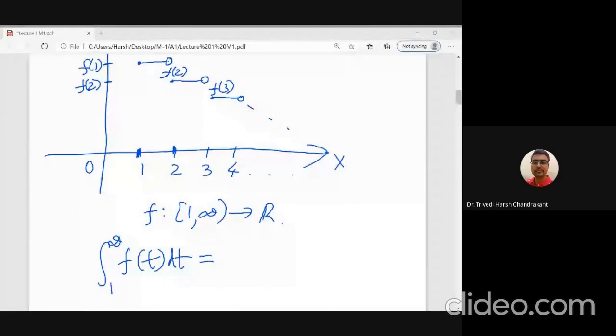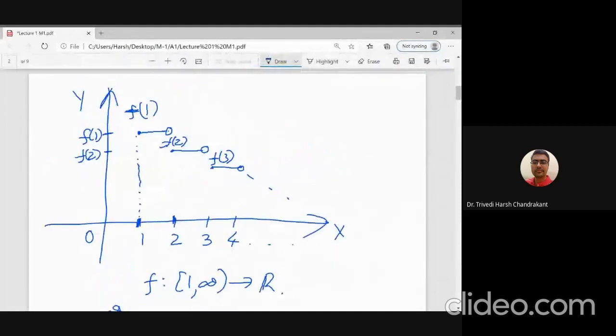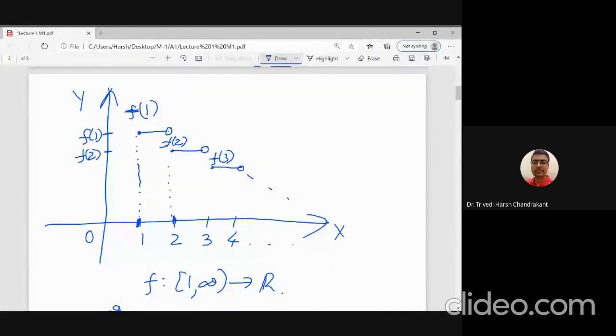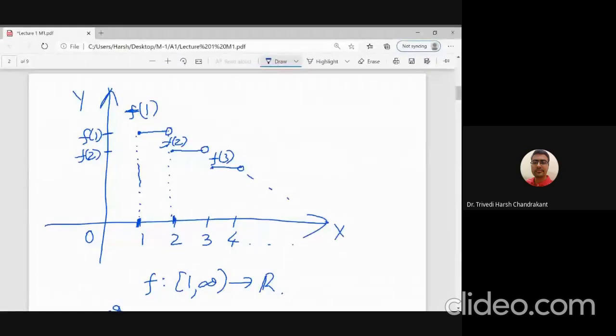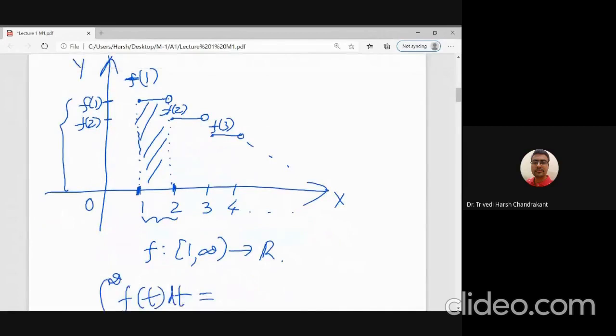From the graph itself, we can see that this particular area over the closed interval 1 to 2 is forming a rectangle. So the length is 1 here, and on the other side the length is f of 1. So this area will be nothing but f of 1 into 1, so that is f1.